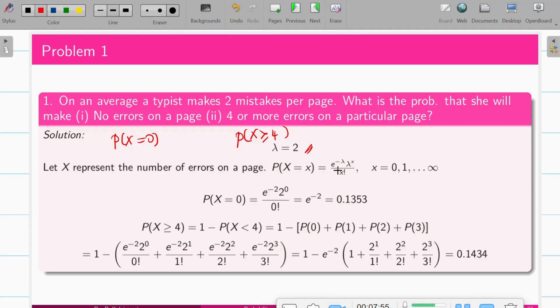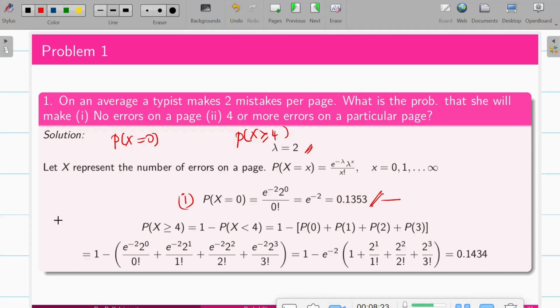You know the Poisson distribution is e power minus lambda, lambda power x upon x factorial, and x ranges from 0 to infinity. Now make use of the known terms: e power minus 2, 2 power 0, 0 factorial. So it is e power minus 2. When I make x equal to 0, I can find it: the probability of no error on a page is 0.135.